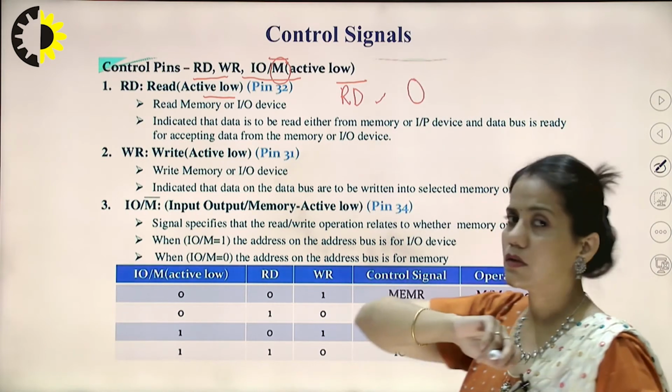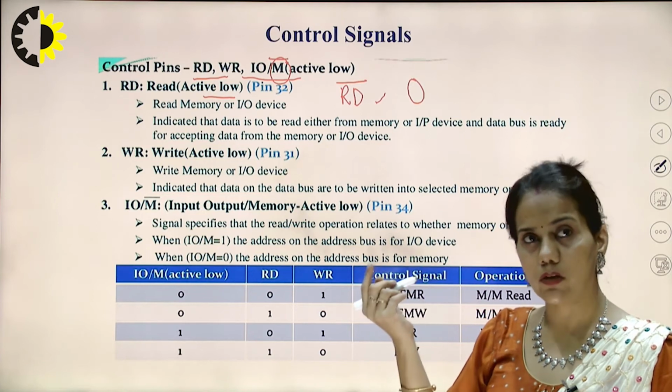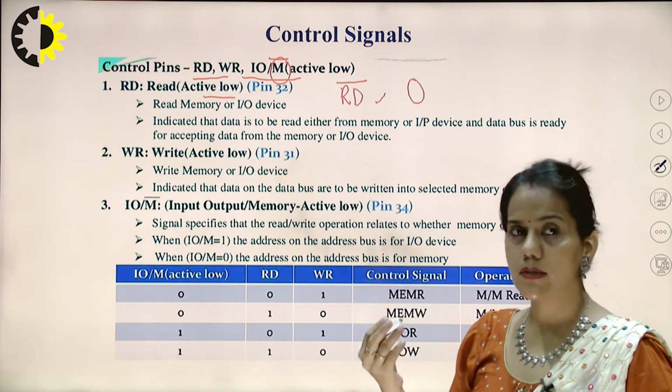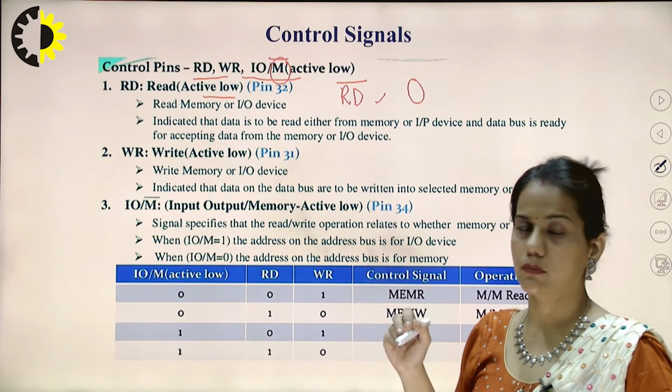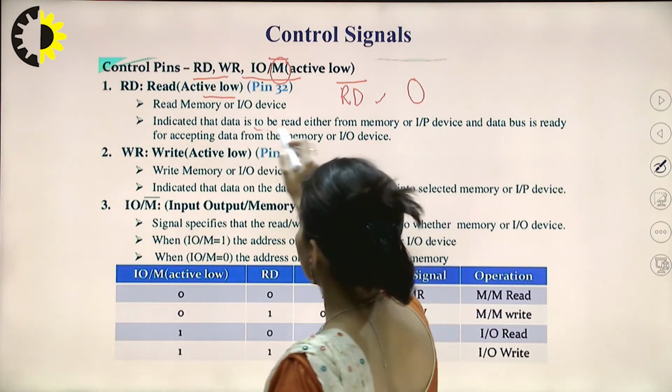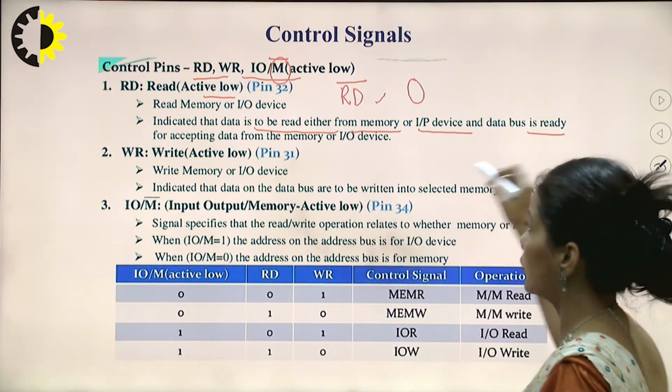This signal is activated when it is at logic 0. So when some reading operation is being performed, this signal will indicate 0. It indicates that the data is to be read either from the memory or the input output device, and the data bus is ready for accepting the data.